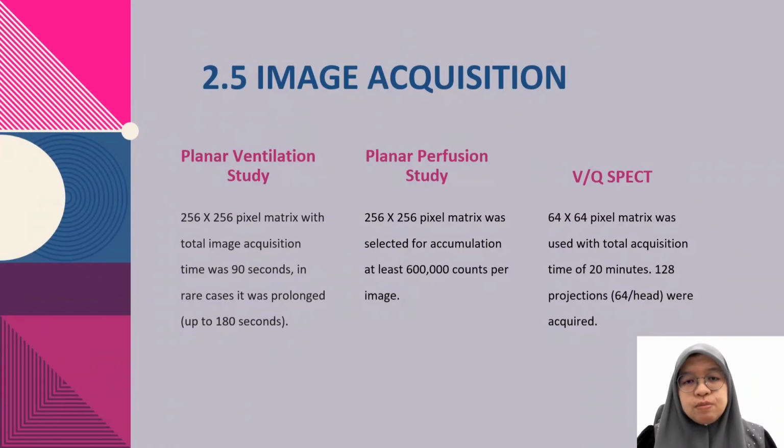For this VQ SPECT, 128 projections, which is 64 per head camera, were acquired. So these are the three image acquisitions based on pixel size and acquisition time for the image processing.